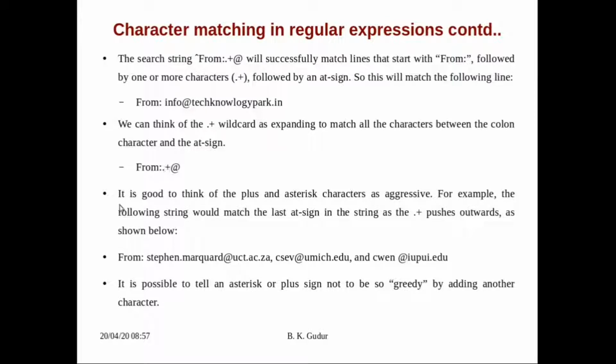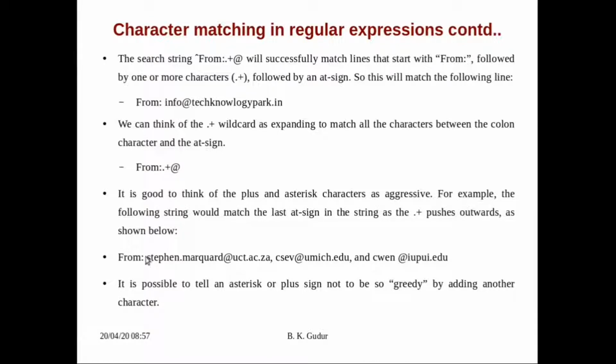It is good to think of the plus and asterisk characters as aggressive. Aggressive means it will take any number of characters, extending as far as it can. For example, the following string would match the last at sign in the string as the .+ pushes outward as shown.